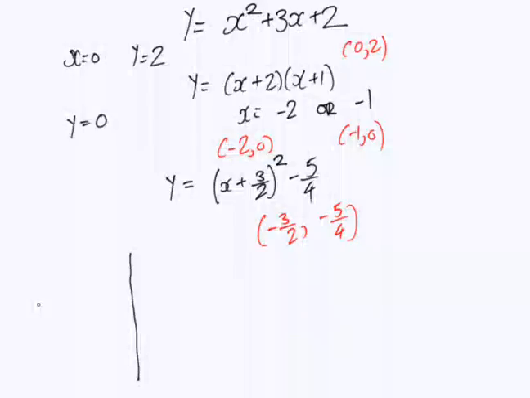To find the turning point, we need to use completing the square. So here we have y equals 2 bracket x squared plus 16x plus 137 over 2. So y equals 2 bracket (x plus 8) squared, and then 137 over 2 minus 64. So 137 over 2 minus 64 is 9 over 2.